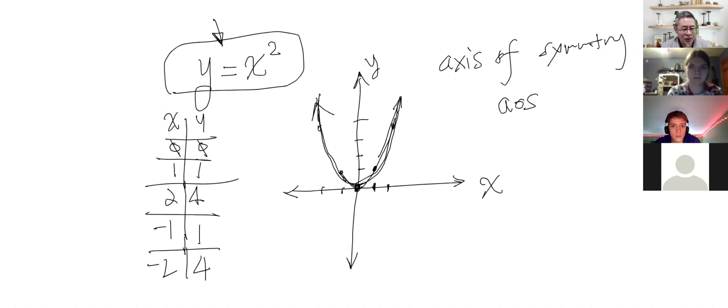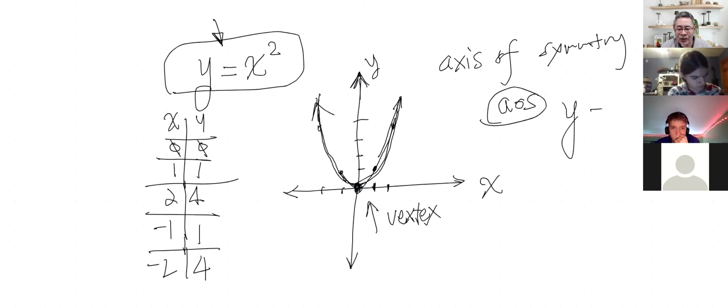We can also use the tricks in algebra to study the functions. For example, in this case, we know this point is called a vertex, and we have this as the axis of symmetry. But what happens if, instead of this function, we have the function y equals x squared plus 3?